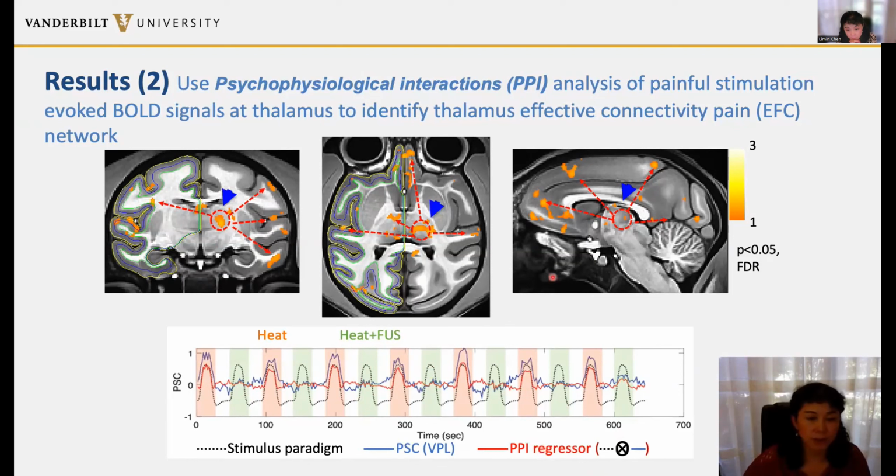Using this regressor, we can plot where in the brain shows a very similar time course change as the seed of the thalamus. This analysis allows us to look at how the thalamus effective connectivity network changes when the thalamus response was suppressed.